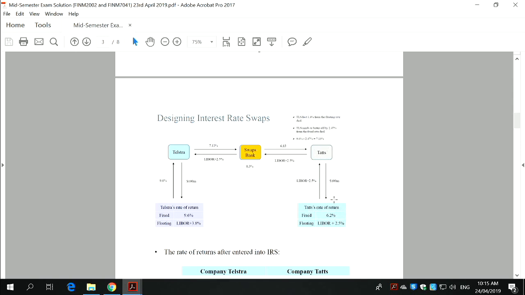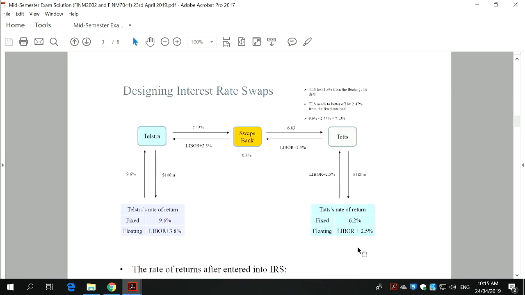So Tesla Auto invests 100 mil. And the highest possible floating rate of return that Tesla Auto can get is LIBOR plus 2.5%. So once Tesla Auto gets that LIBOR plus 2.5%, it should pass that LIBOR plus 2.5% all the way across to Telstra, right? So Tesla Auto passes the floating rate all the way to Telstra, and the swap bank doesn't take a cut from the floating rate of return.